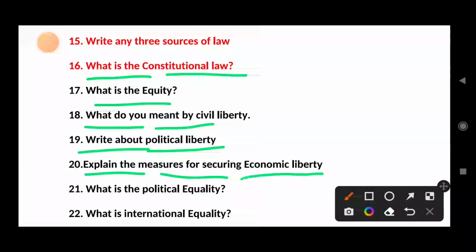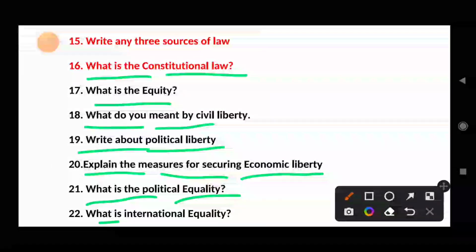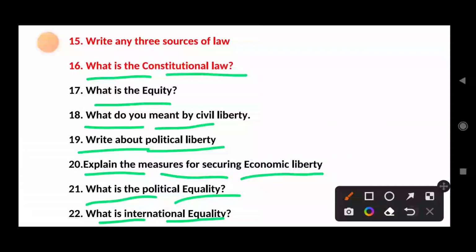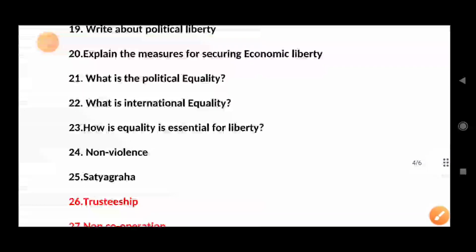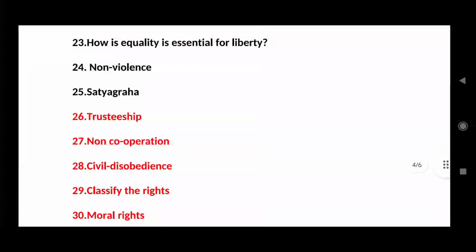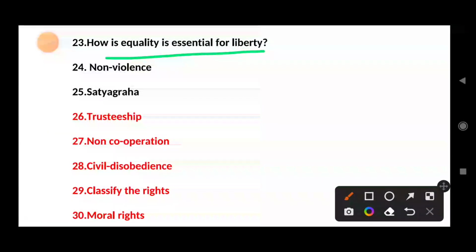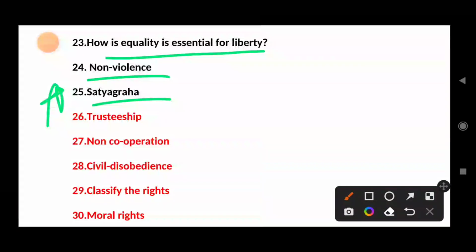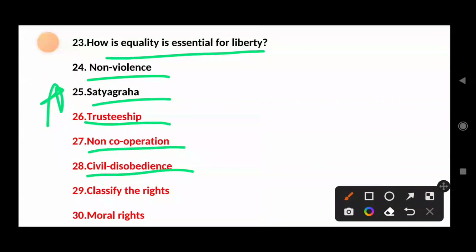Explain the measures of securing economic liberty. What is political equality? What is international equality? Next, how equality is essential for liberty. Non-violence, satyagraha, very important one. Trusteeship, non-cooperation, civil disobedience.